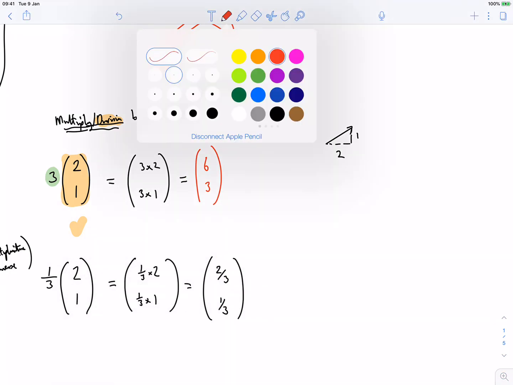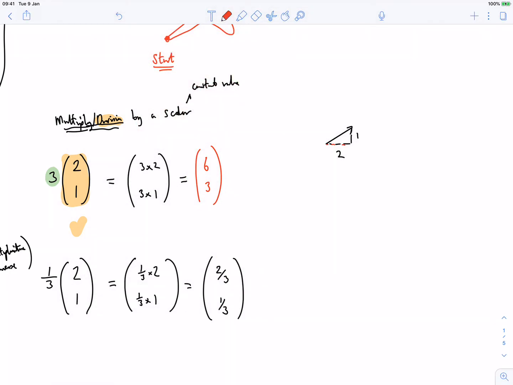Well, that's going to be going 1, 2, 3, 4, 5, 6, and 3 up, 1, 2, 3. And if I've done this right, something like that. So it's 6 along, 3 up. What can you infer is going on?